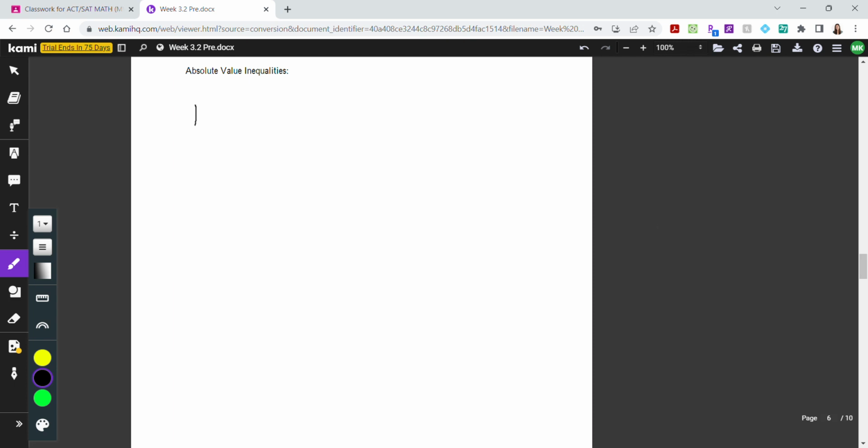If your absolute value inequality is, let's call this case 1, absolute x is smaller than a, or less than or equal to a, that means your solution for these would be negative a less than x less than a, or negative a less than or equal to x less than or equal to a, as you can see.